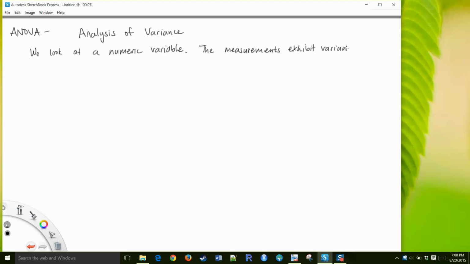We try to, quote, break down the total variance based on the group from which the measurement came.